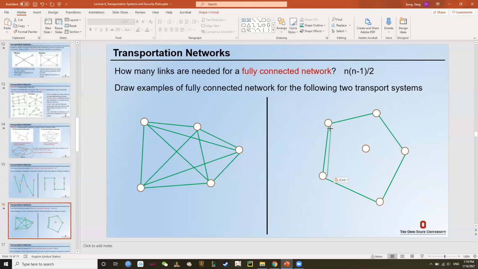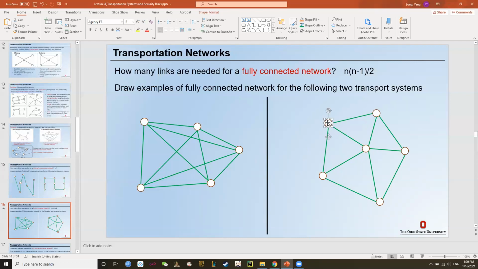There is a central node here, link 6, link 7, link 8, link 9, and link 10. Okay, where are the rest 5?